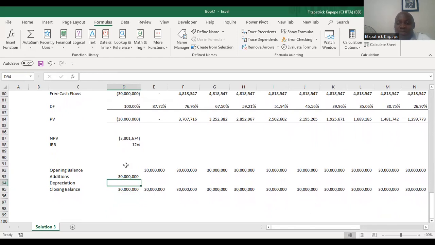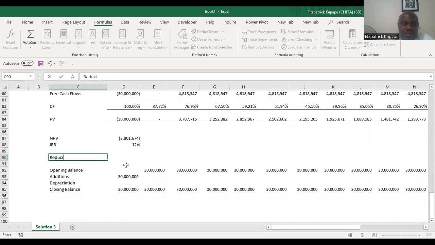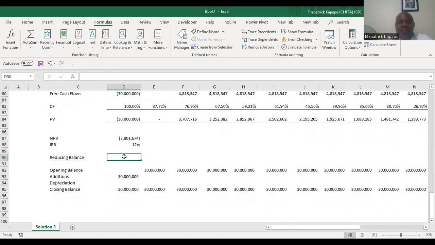For example, if we are told that it was reducing balance, I'll send this spreadsheet. Suppose we are told reducing balance at, for example, 5%, or maybe 10% reducing balance.